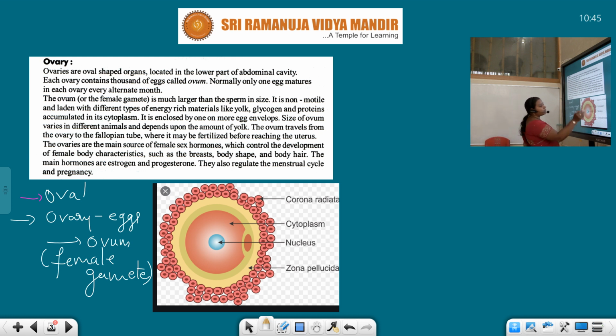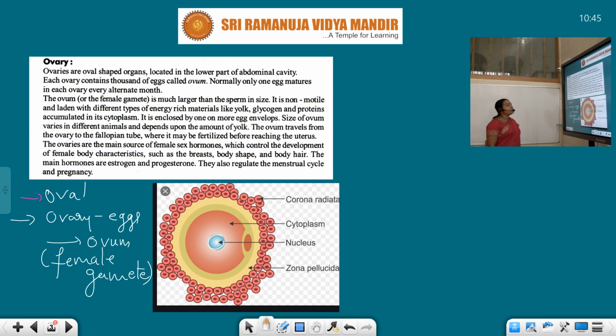See, students, this is the ovum structure. The ovum is nothing but a cell. It is filled with cytoplasm, and at the center it has the nucleus, students, right? And it is enclosed by one or more egg envelopes.